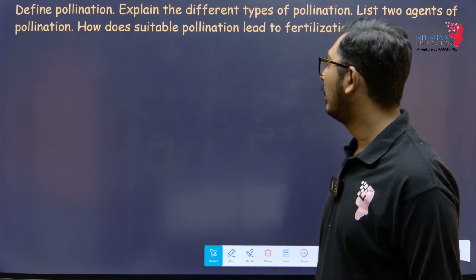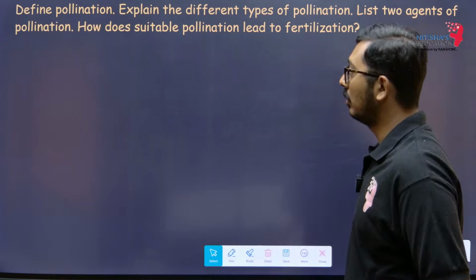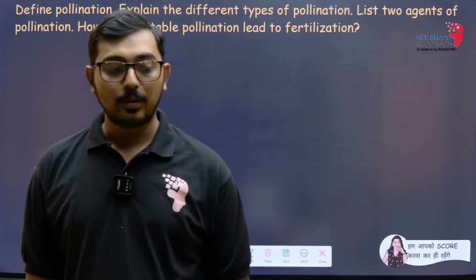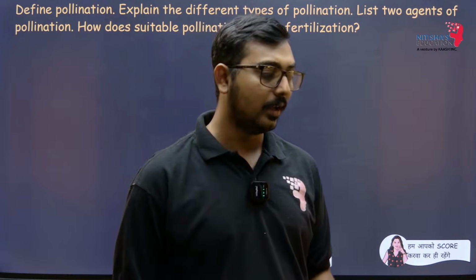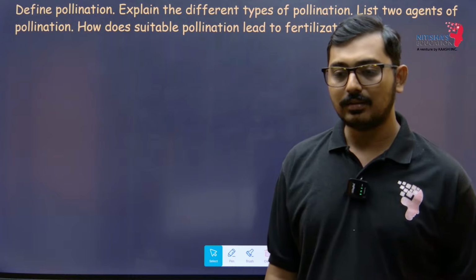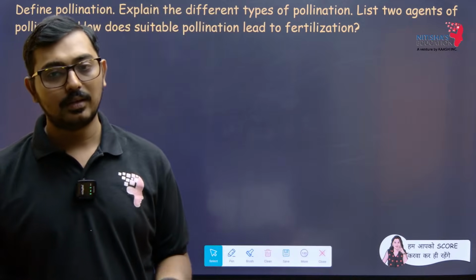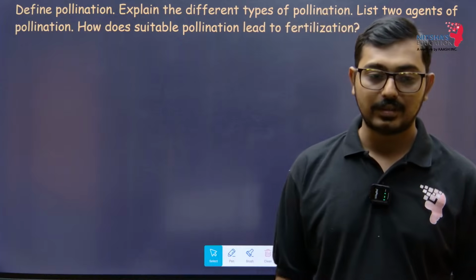Okay, then how does suitable pollination lead to fertilization? Suitable pollination means whether it is self-pollination or cross-pollination. If it is self-pollination, then the same flower is being used, so you can have fruit of the same kind.